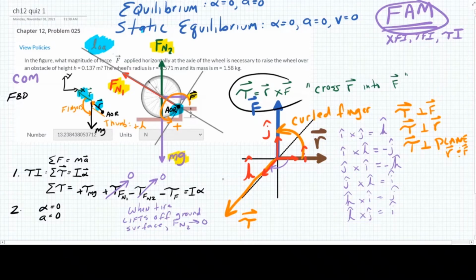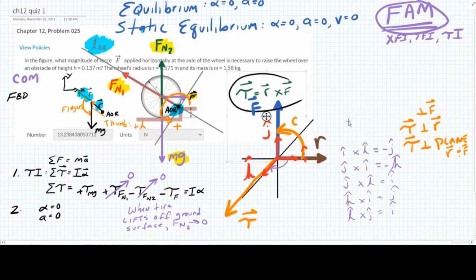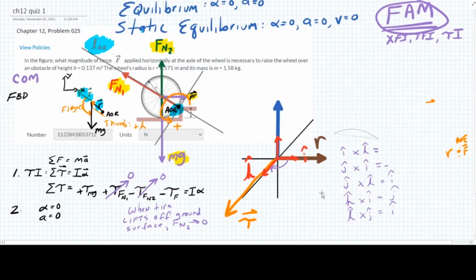So things just got a lot easier. I have two torques going on. And I know the acceleration is 0. All accelerations are equal to 0 in the world of equilibrium.